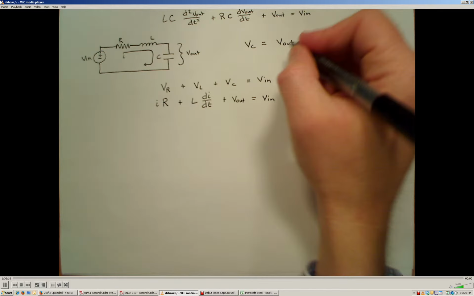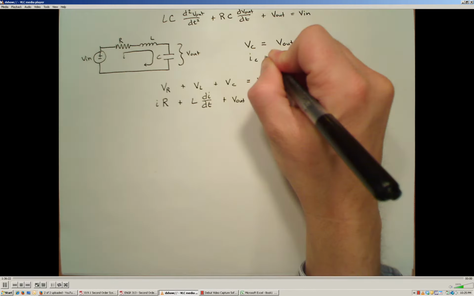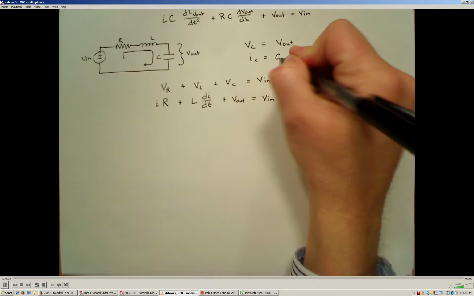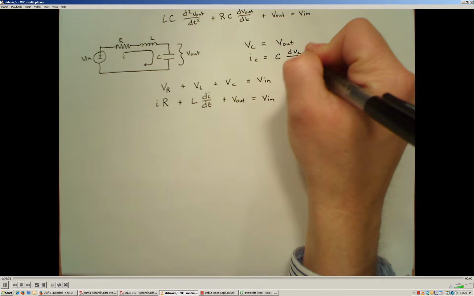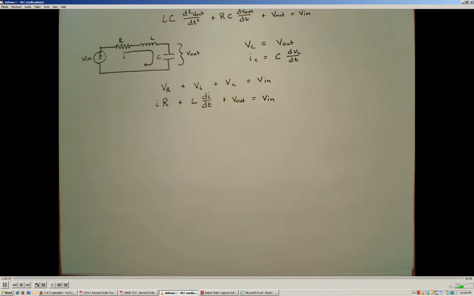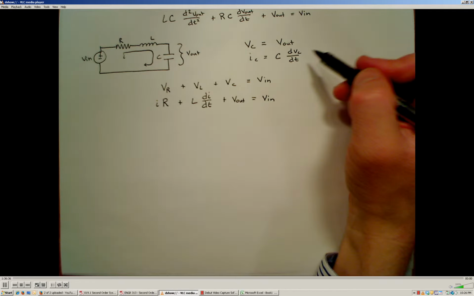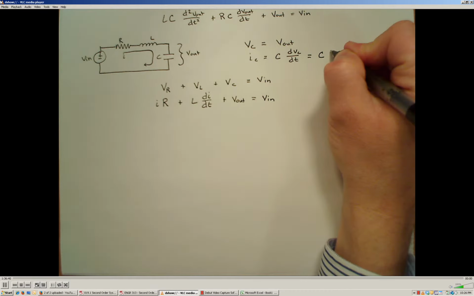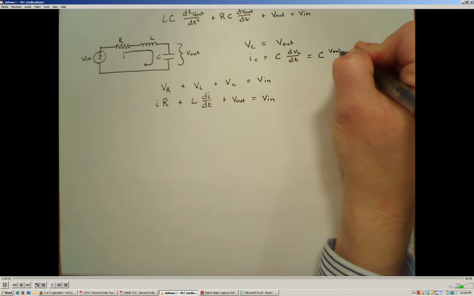The current that passes through the capacitor, which in this case is the current going through all of the elements, is given by C times the derivative of the voltage across the capacitor with respect to time. Of course, Vc, the voltage across the capacitor, is the same thing as V out, the output voltage that we're looking for.